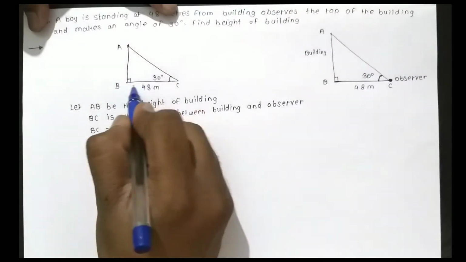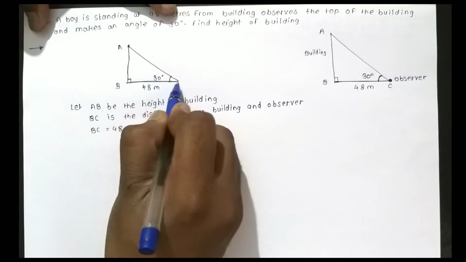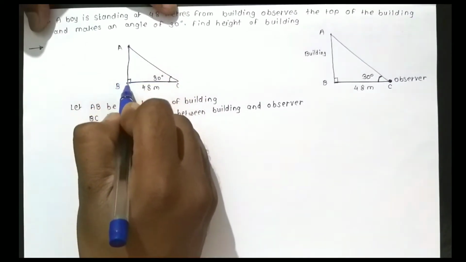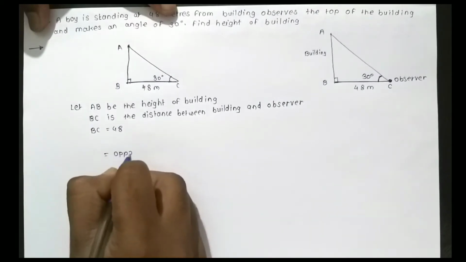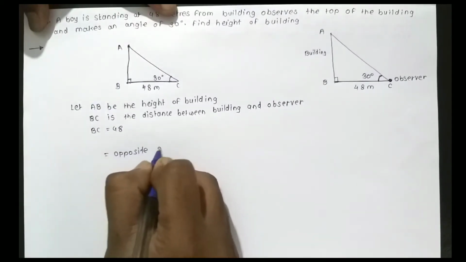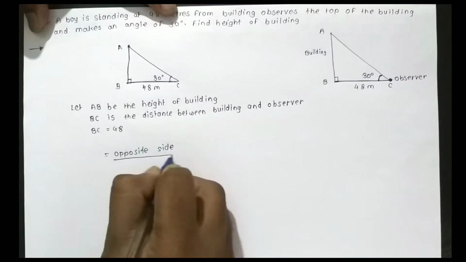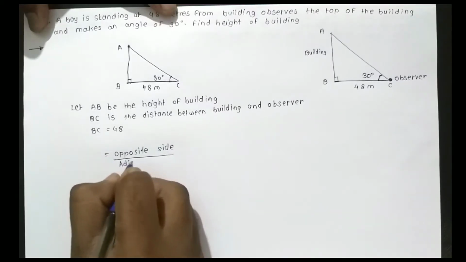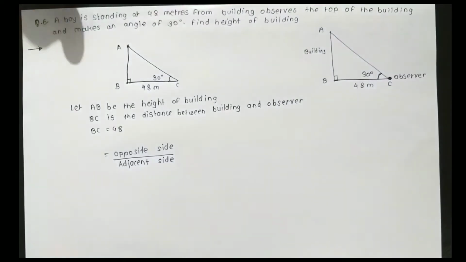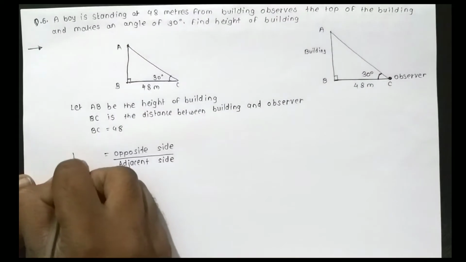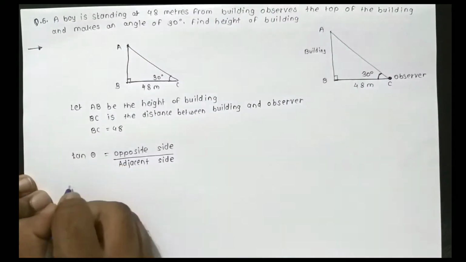Next, we know the adjacent side and we have to find the opposite side. So opposite side upon adjacent side. The ratio of opposite side and adjacent side is tan theta.